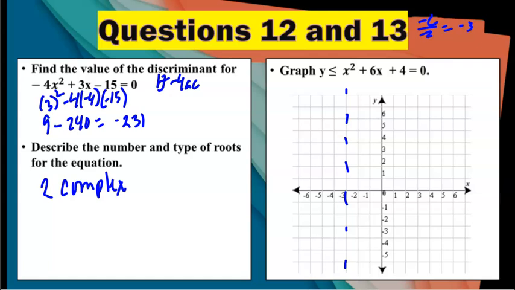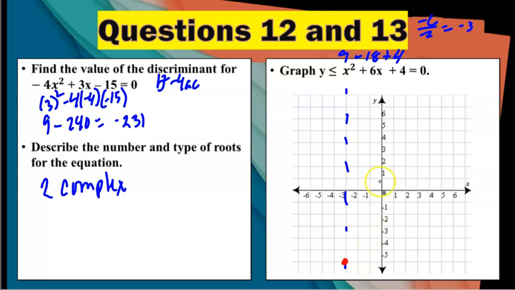If we put a negative 3 in for x, this is 9 minus 18 plus 4. 9 minus 18 is negative 9, plus 4 is negative 5. So we have a point at negative 3, negative 5, so I'm going to put that point here.